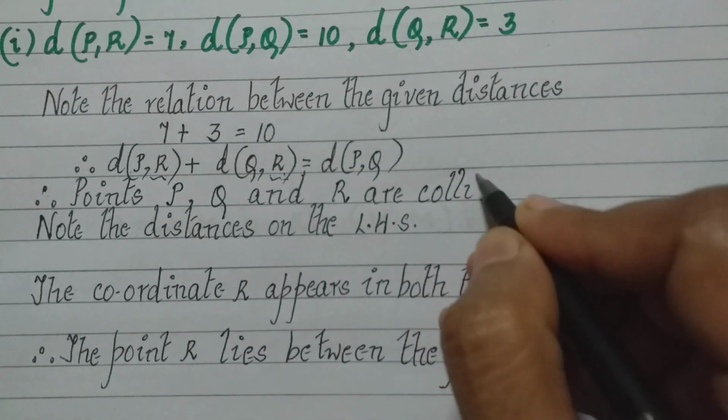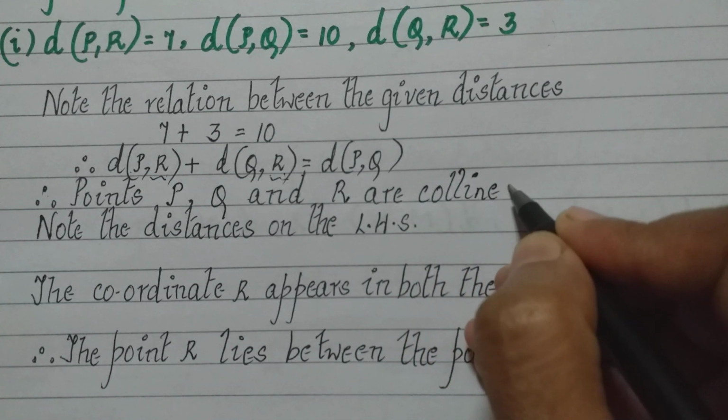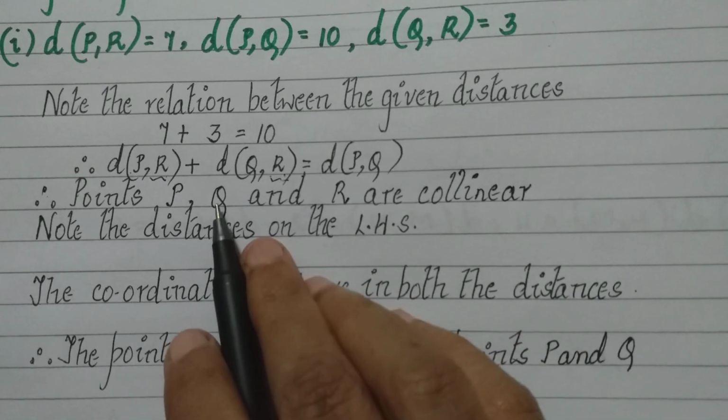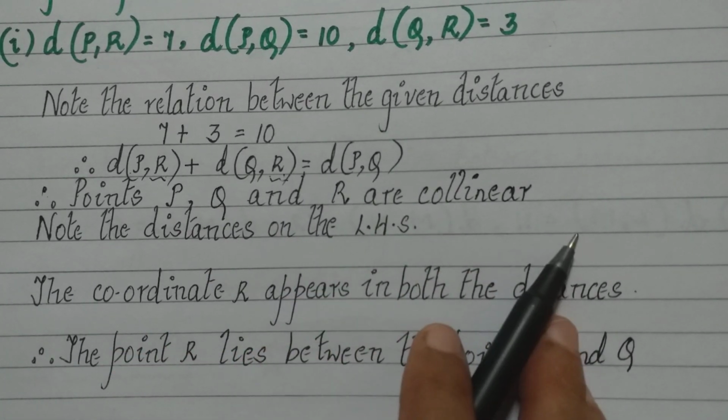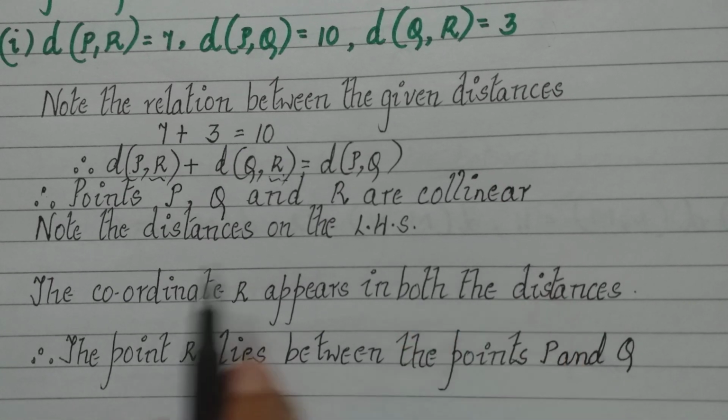So what tells us that they are collinear? That is, the sum of two distances should be equal to the third distance. Then we can say points P, Q and R are collinear.